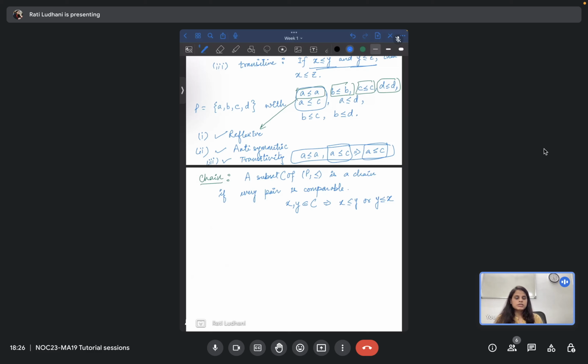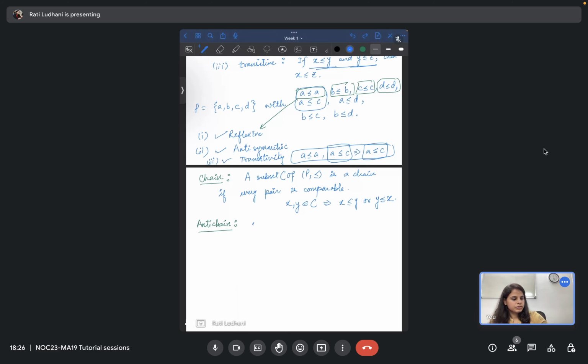And an anti-chain is just the opposite of this definition. An element is only comparable with itself, so you can say all the pairs are incomparable. Nothing is comparable.